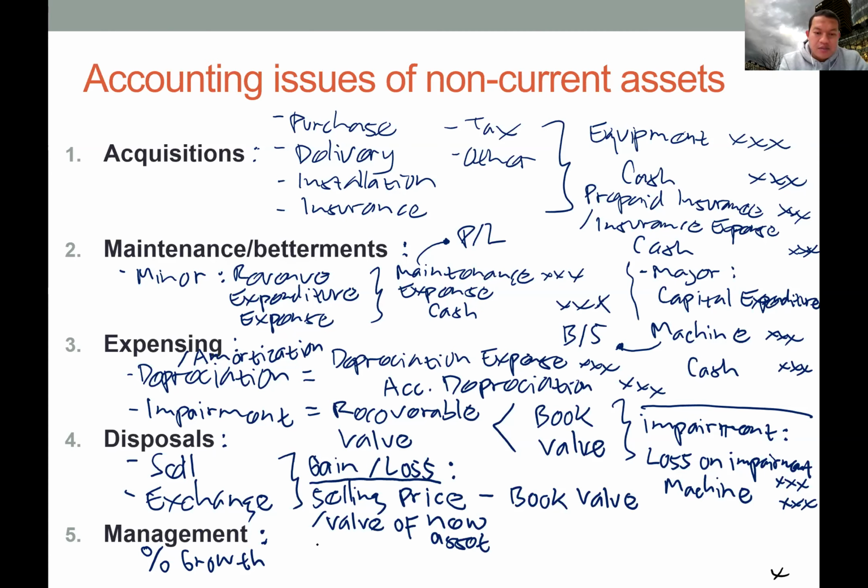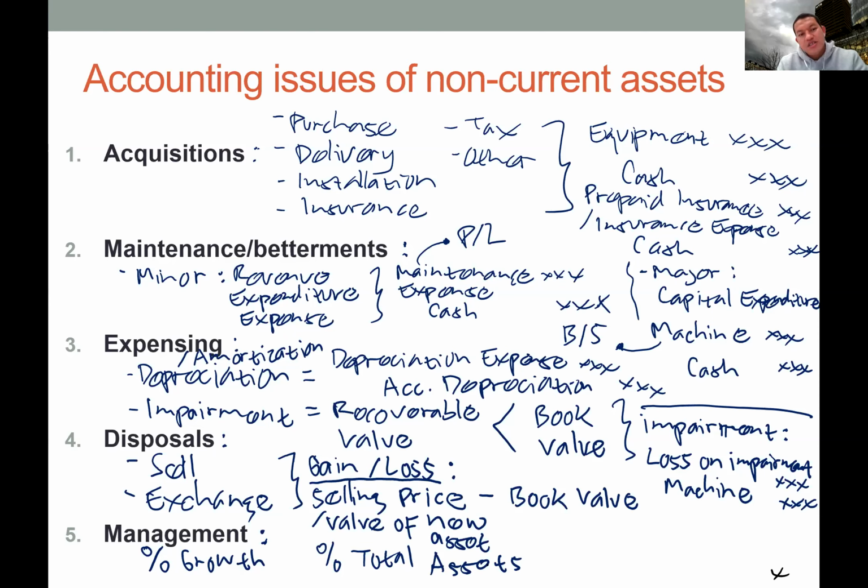Okay, they may also use the vertical analysis. They want to calculate the non-current asset as a percentage of the total asset to see how important this asset is in contributing to their operation. Okay, so this is the whole cycle of a non-current asset.